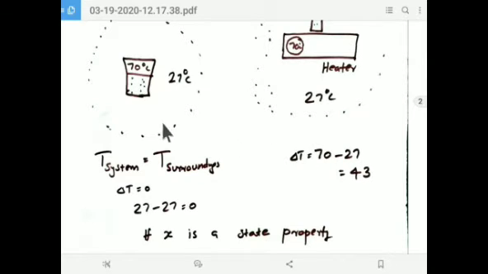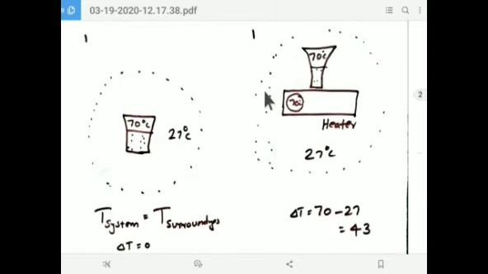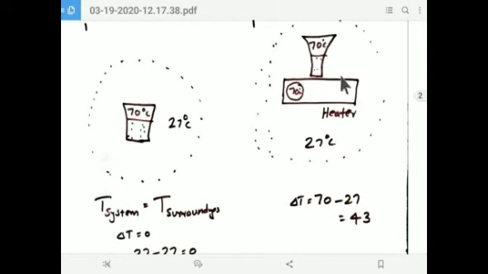So what is the difference between equilibrium and steady state? In equilibrium, T system is equal to T surroundings, but in steady state, T system is not equal to T surroundings. And one more thing: during equilibrium there is no heat flow from the system to the surroundings. Once it reaches thermal equilibrium, this temperature is 27, this one is also 27, and there is no heat flow.